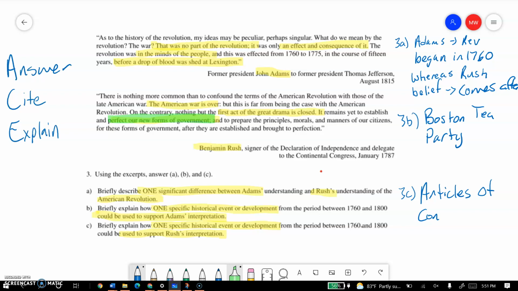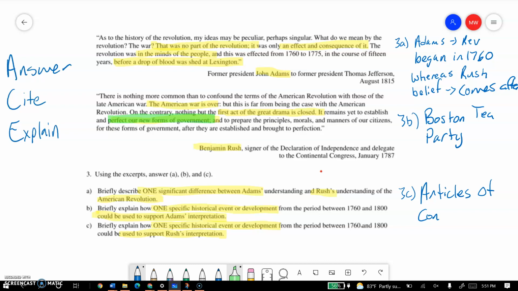Because as we know from the Articles of Confederation, they were a way for the Continental Congress to dial in how the actual structure of our new society would go. And what they found, as you recall, is that the Articles of Confederation were too weak and didn't provide enough power to the federal government to do what it needed to do.